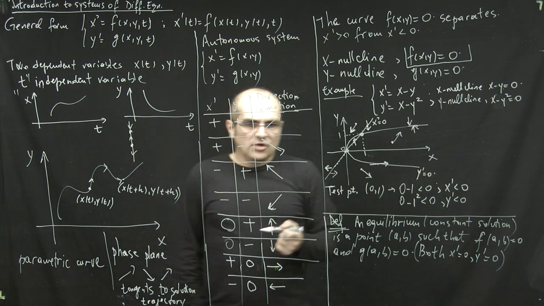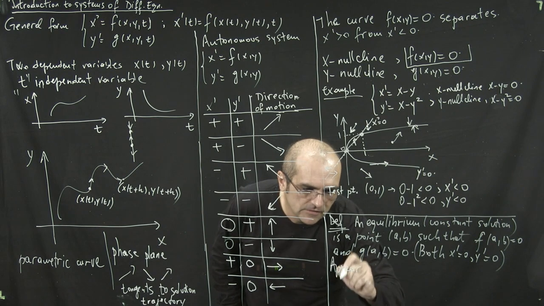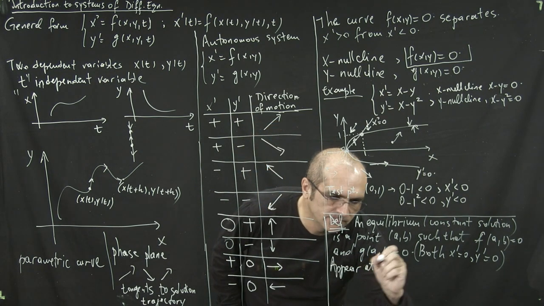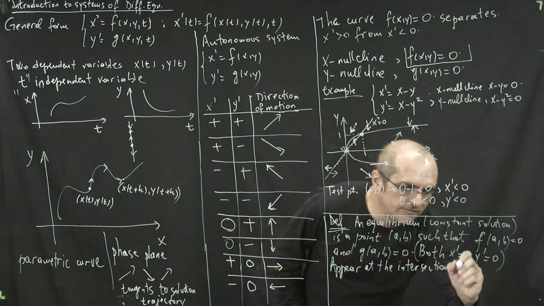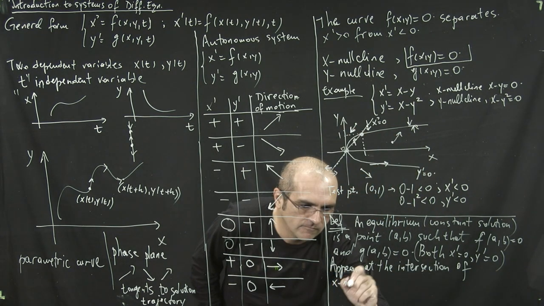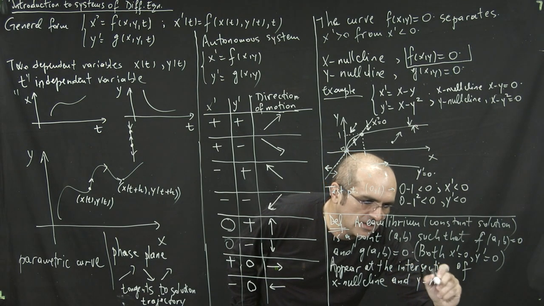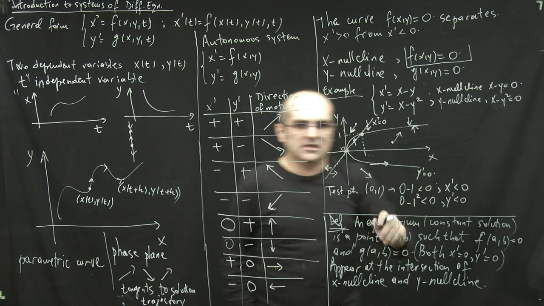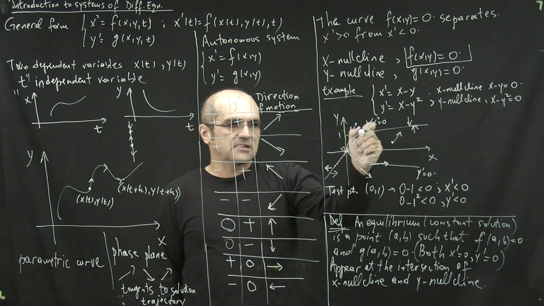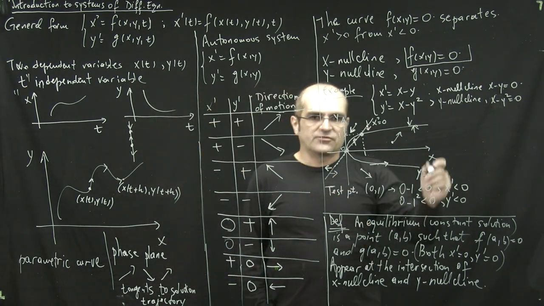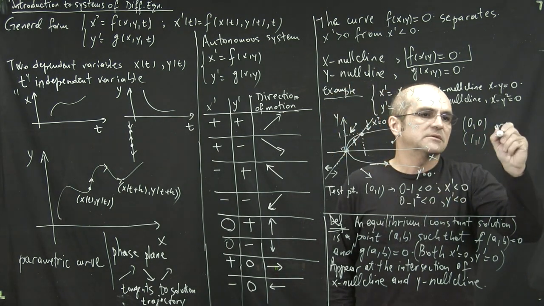So the equilibrium or constant solutions always appear at the intersection of the x nullcline and y nullcline, if such a point exists. You will see examples at the end that there could be no equilibrium points, only one, or two, like in this case. If you look here, it's easy to see that (0, 0) and (1, 1) are equilibrium points.